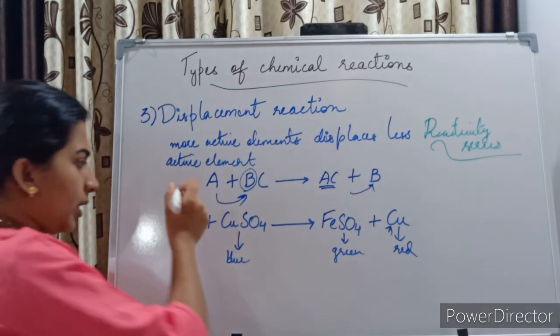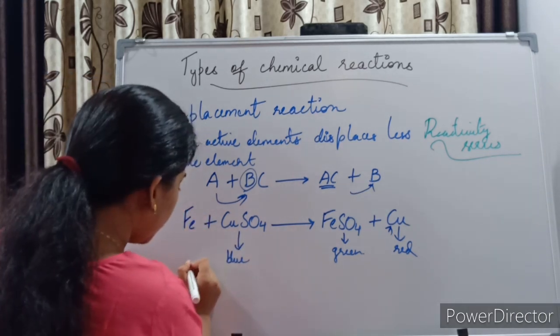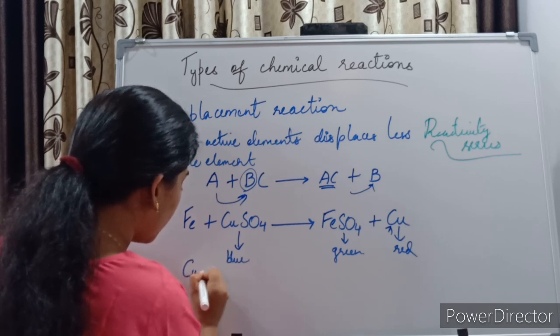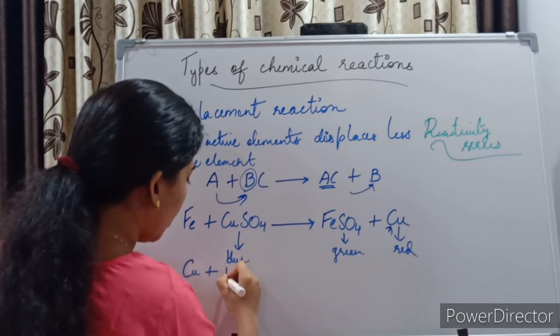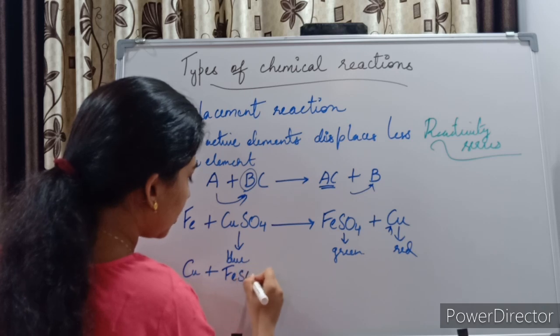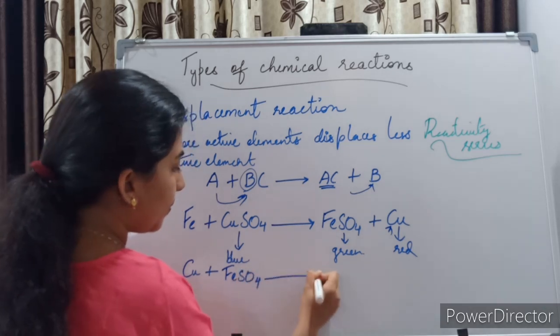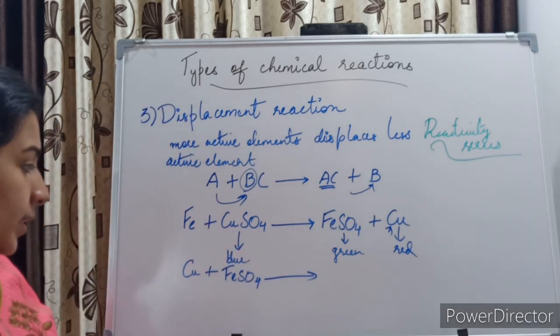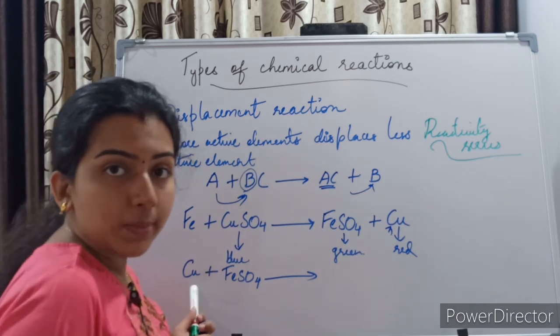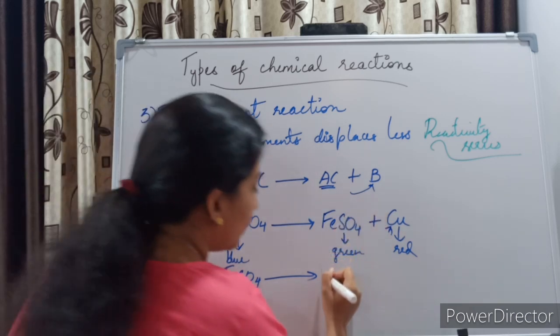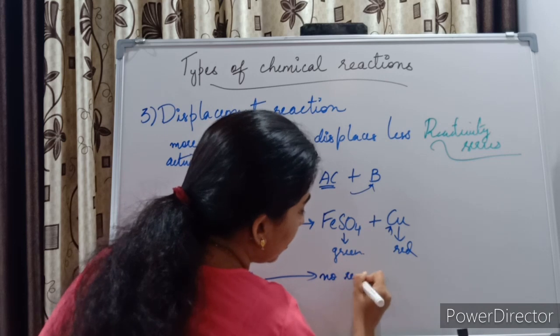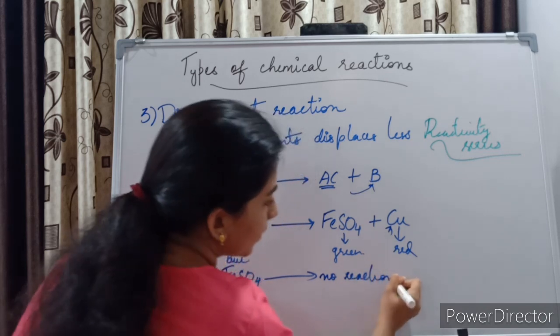Now take copper in ferrous sulfate solution. Take some ferrous sulfate solution and add some copper. We will get no reaction.